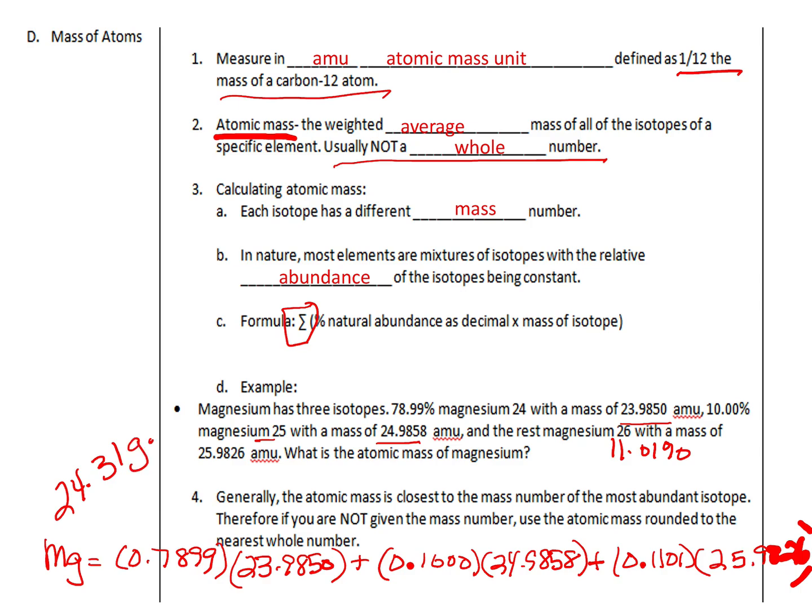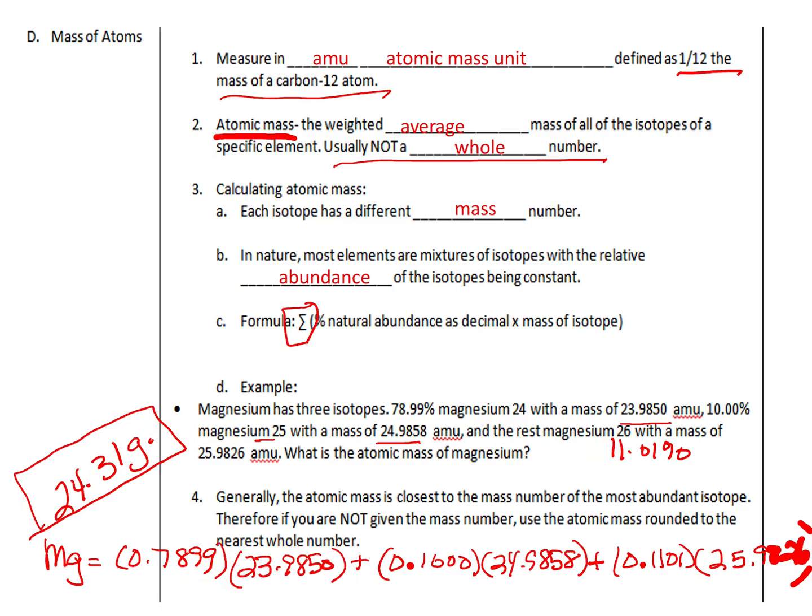So do this in your calculator and make sure you can get that number. I'm going to grab a periodic table just to check and see how close I am. I'm going to look up magnesium, and my magnesium on the periodic table I'm looking at says 24.30. Well, I think 24.31 is within the tolerance limits for that, and so I'm going to go with that one.